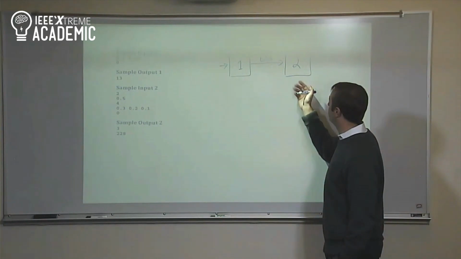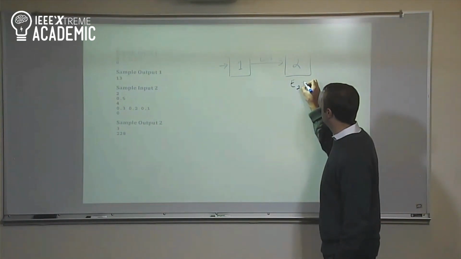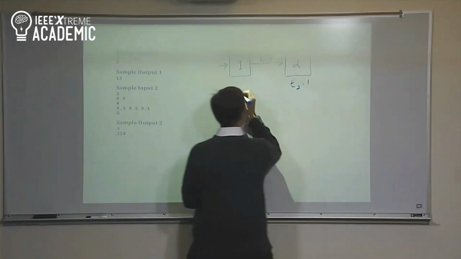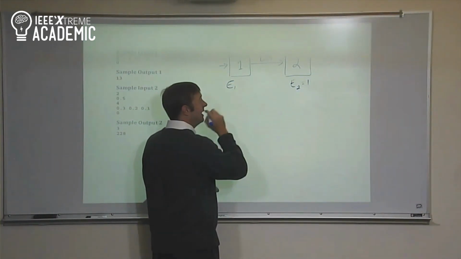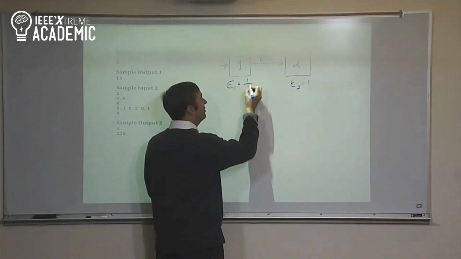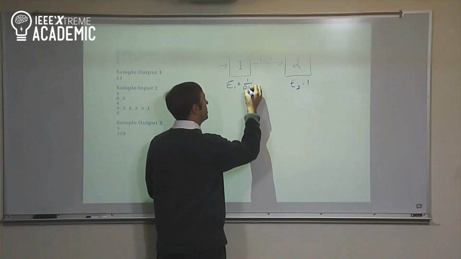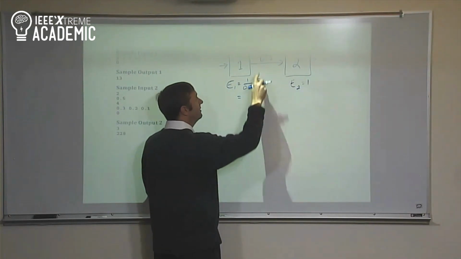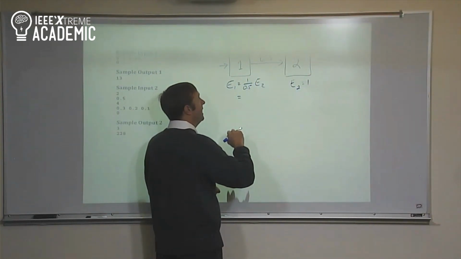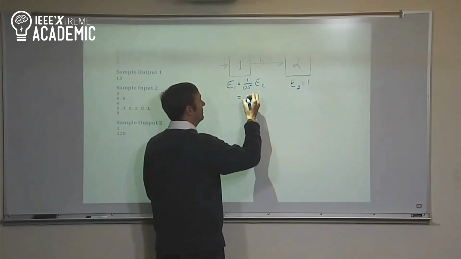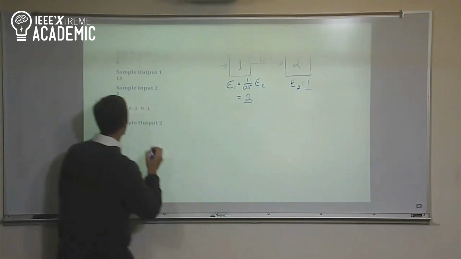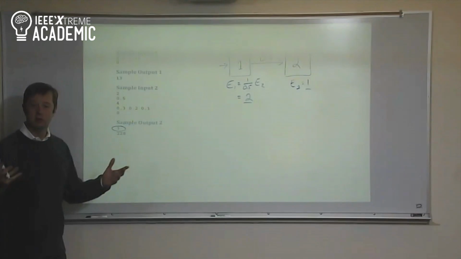So the expected number of times that we're going to end up in 2 is going to be equal to 1, because that's the final square. The expected number of times we end up in square one is equal to 1 divided by 0.5 times E2. This transition probability there, right? So this is just going to be equal to 2. And then we add up 2 plus 1. And that's how we end up with 3.